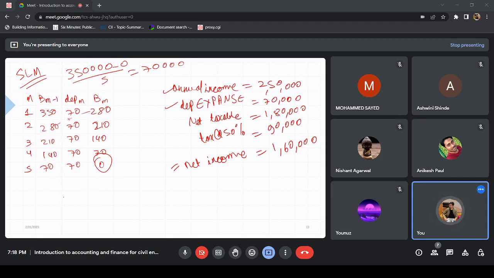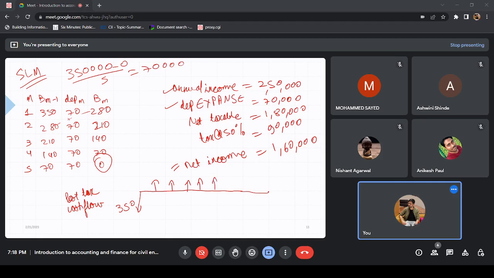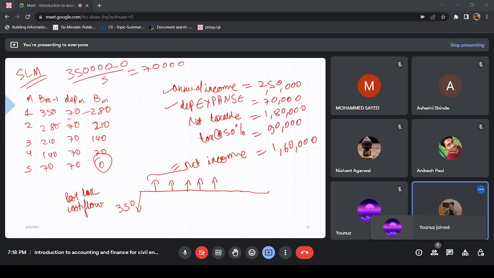So post tax cash flow, right? So initially we have got 350 lakh at time t is equal to 0, and for next 5 years we are getting 1,60,000 each year, right?